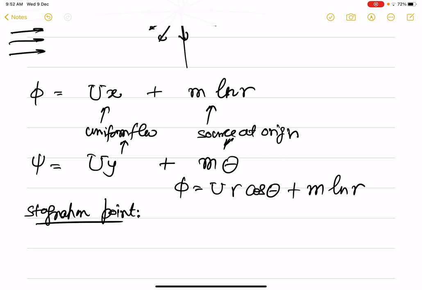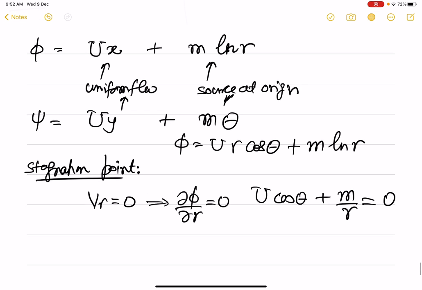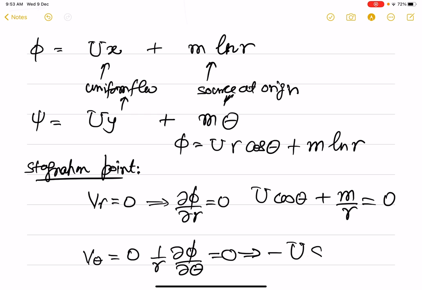Now for stagnation point, let's first put Vr equal to 0. That means we will put partial phi by partial r equal to 0. So it gives me u cos theta plus m by r is equal to 0. Second, we put v theta equal to 0. V theta is 1 over r partial phi by partial theta equal to 0, and this will imply minus u times sine theta is equal to 0.